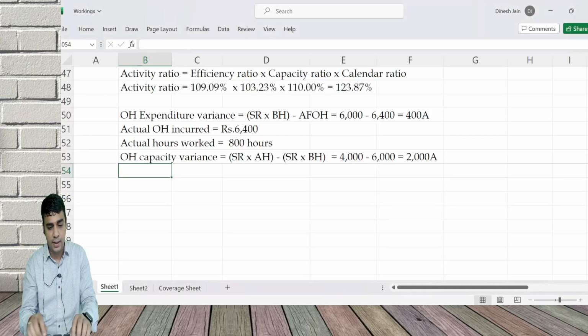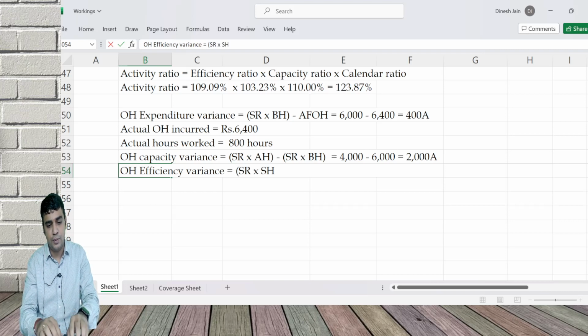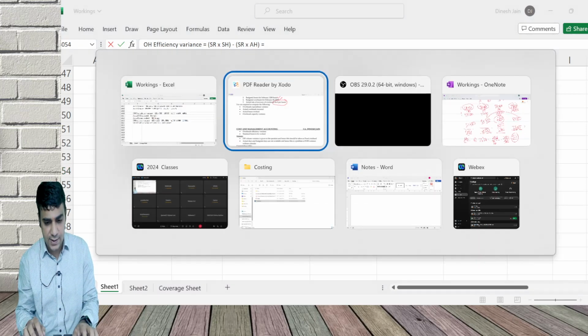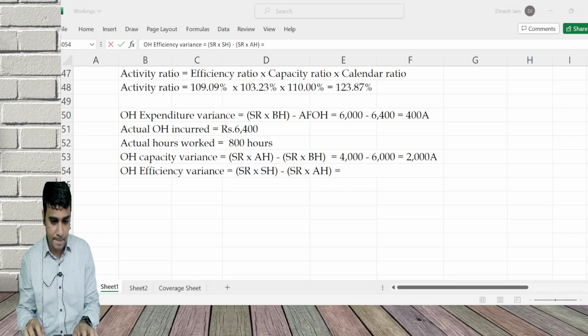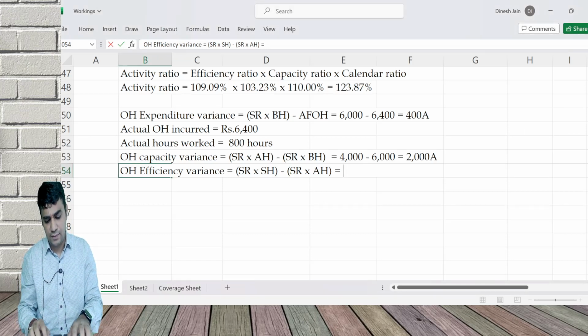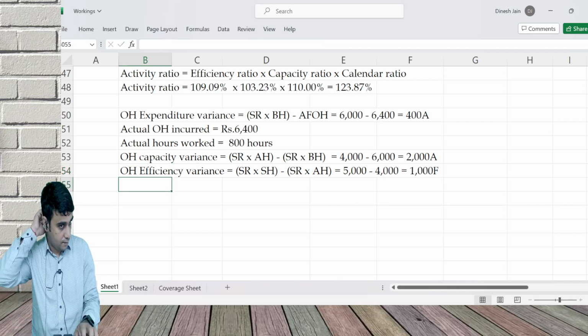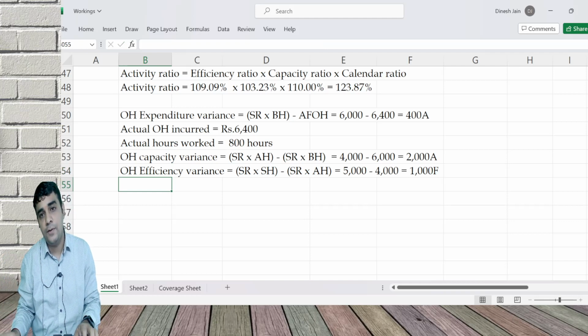Next item is overhead efficiency variance, which is SR into SH minus SR into AH. What is SR into SH? 5000 minus 4000. 1000 favorable.